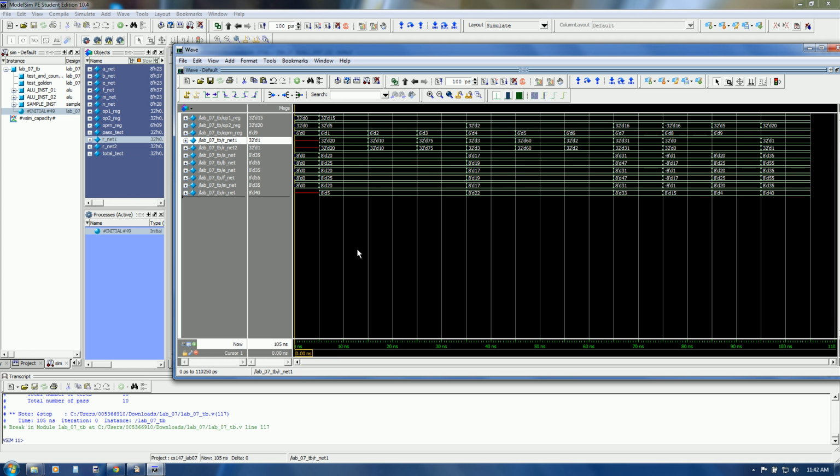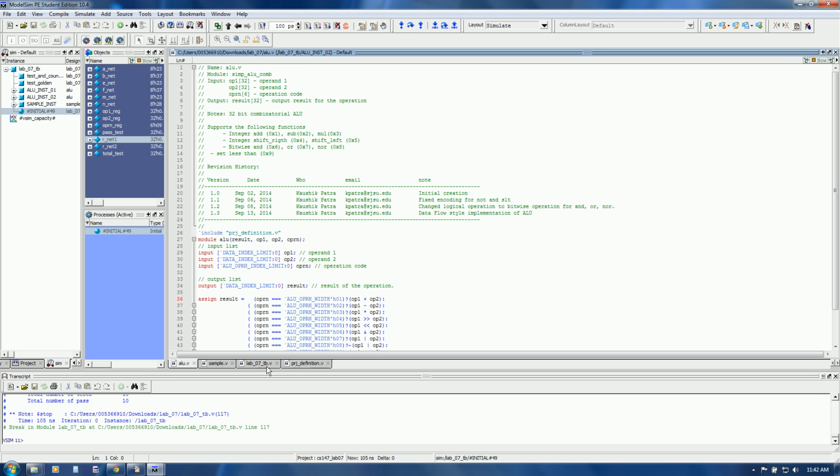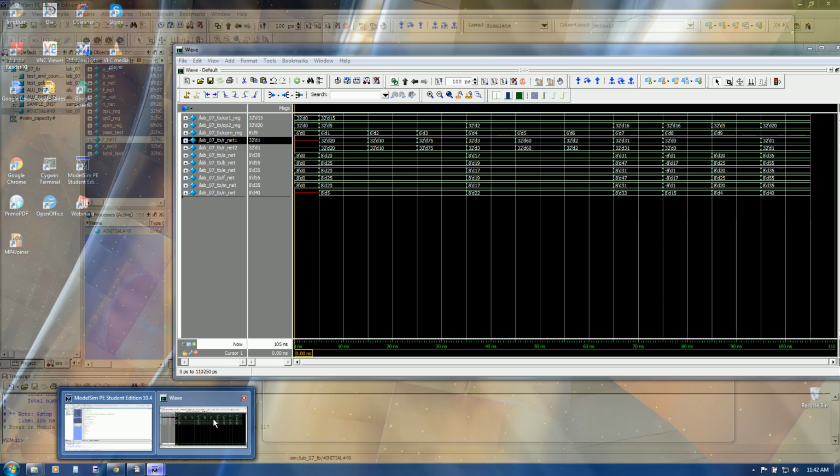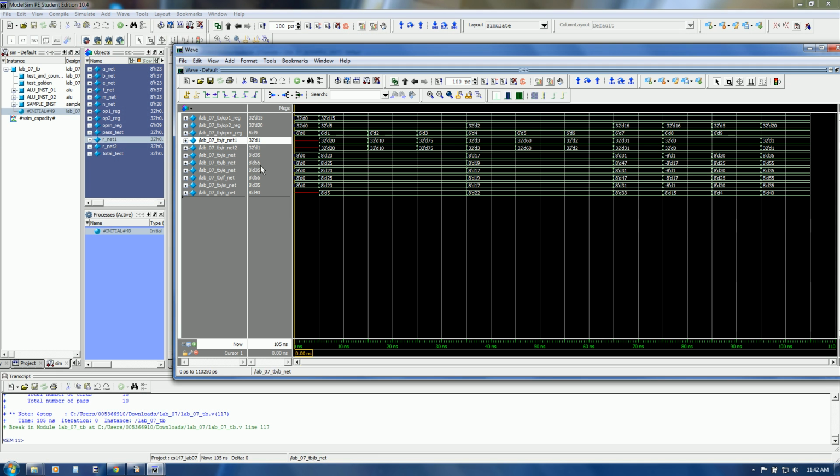Okay, now observation from here, let's take this one. For the sample, remember the sample, let's look at that. E equals C plus D and F equals E plus D. So which means C plus D, we are stating that, so we are interested in these two nets.